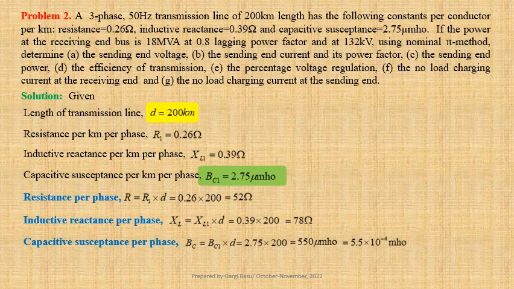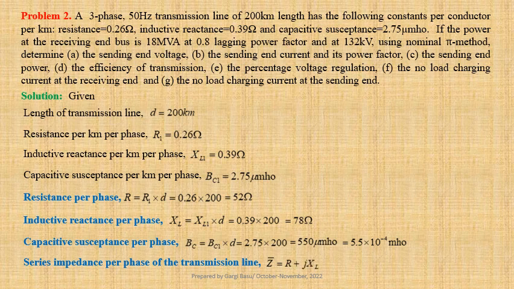Let us now determine series impedance per phase of the transmission line. Z equals R plus jXL, that is equal to 52 plus j times 78 ohm. This may be written in polar form as 93.7443 ohm at an angle 56.31 degree.